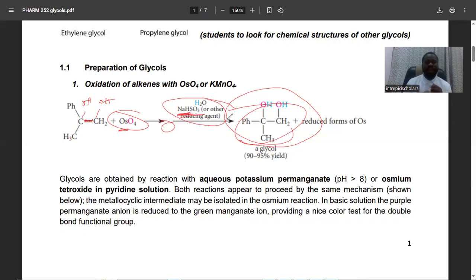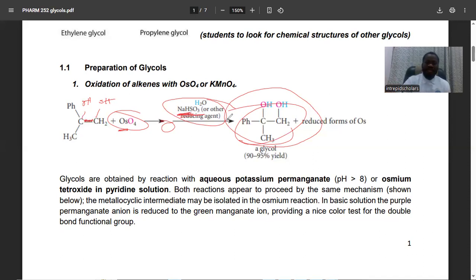Now, both reactions appear to proceed by the same mechanism shown below, so we'll talk about the mechanism. This is the metallocyclic intermediate. The point of information here is that the metallocyclic intermediate may be isolated in the osmium reaction.